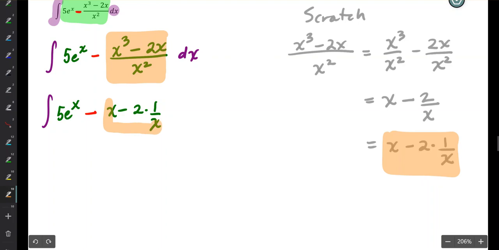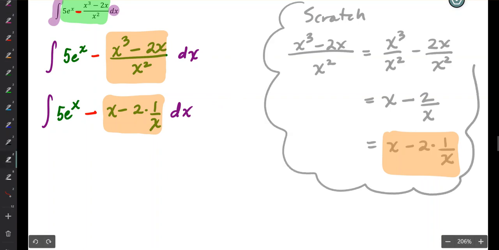And see if you can see the algebra mistake I have written right here. Orange is orange, right? That's what we did on our scratch. But what am I doing? Oh, I'm subtracting that whole thing. I need to go ahead and distribute that negative.